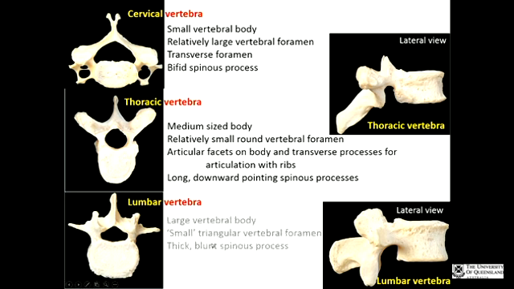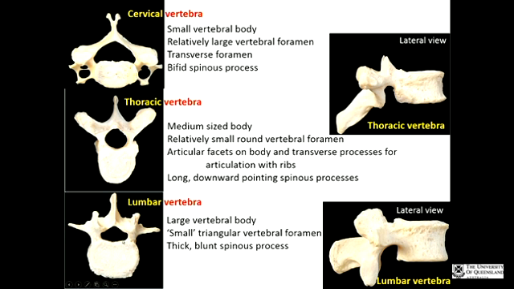Lumbar vertebrae, the more standard vertebra, large vertebral body, small-ish triangular vertebral foramen, and thick, blunt spinous processes. And there are all the other features, which I'll come to in a moment, that you could identify on this vertebra.